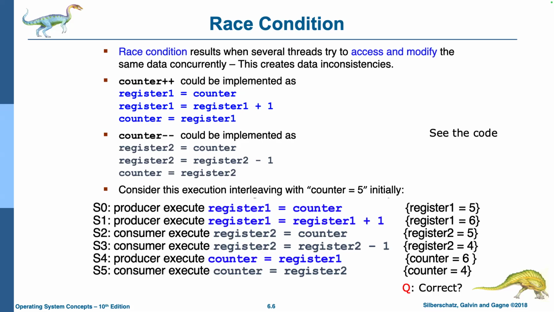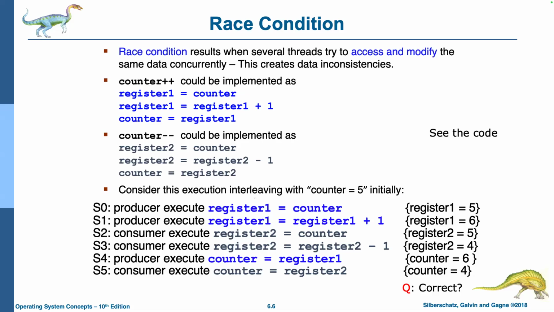So this is a dirty value. The register increased by 1, and this should be written into the memory counter, but not yet. Register 2 read the value from the counter. Here, the counter is a dirty value. Dirty means it's not correct.